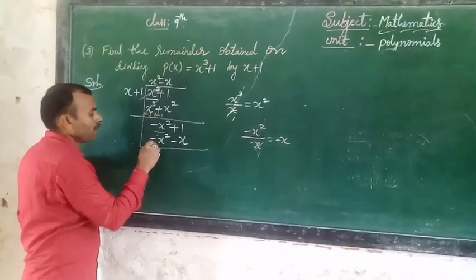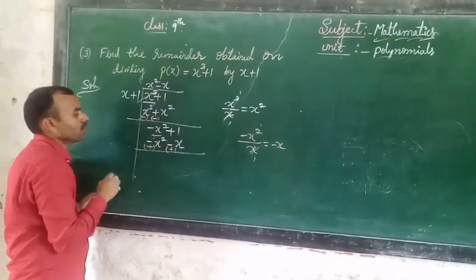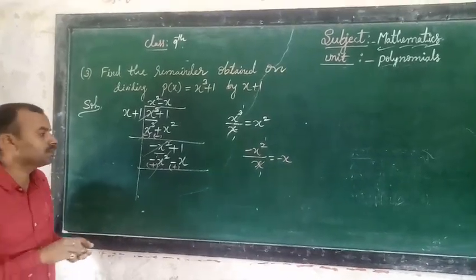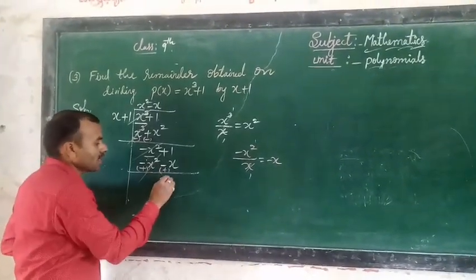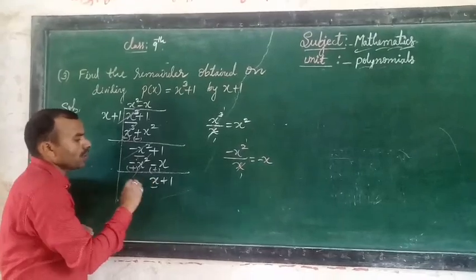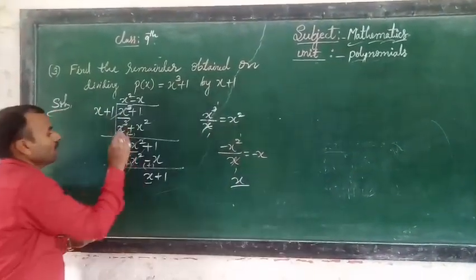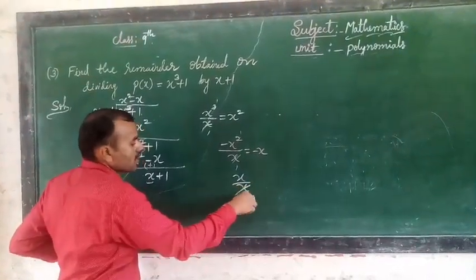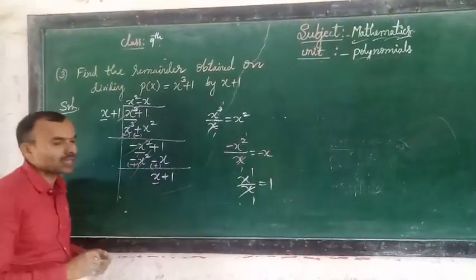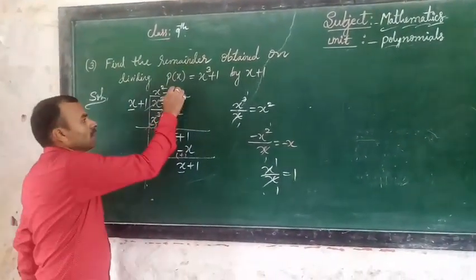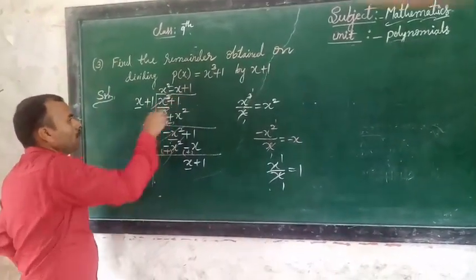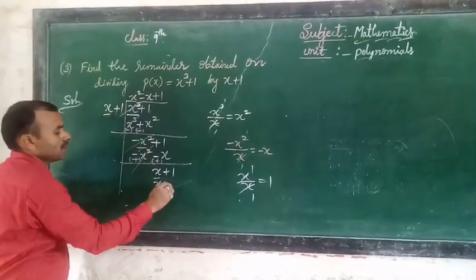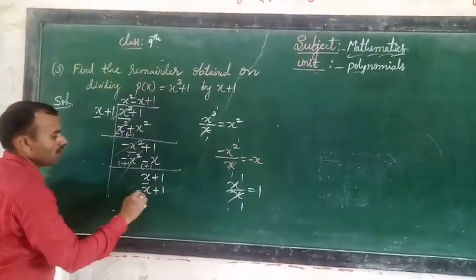Changing the sign, plus, minus x square plus x square get cancelled. The remaining term is x plus 1. Now divide x of the dividend by the first term of the divisor, that is x, the quotient is 1. Plus 1 into x, plus into plus 1 into 1, 1.